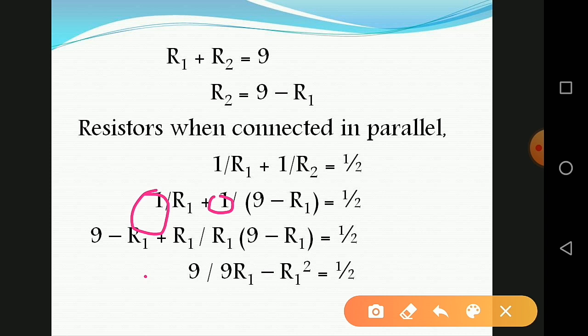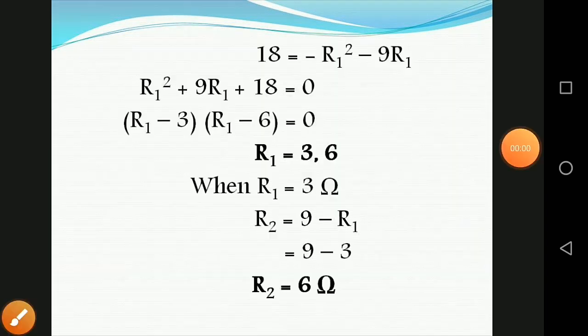So we cancel this minus R1 plus R1, so it comes to 9 divided by 9R1 minus R1 square is equal to 1 by 2. So 18 is equal to 9R1 minus R1 square.